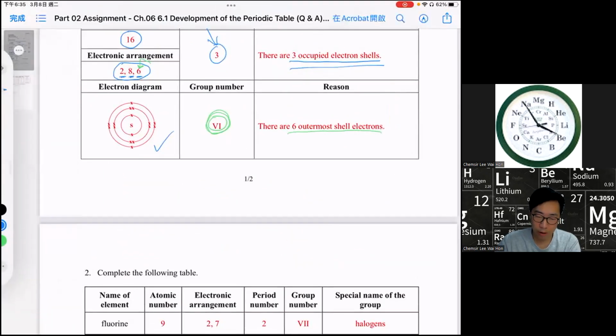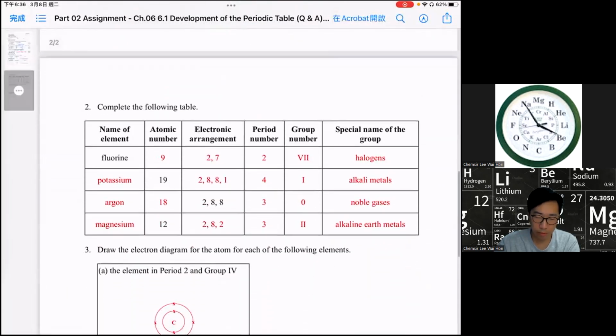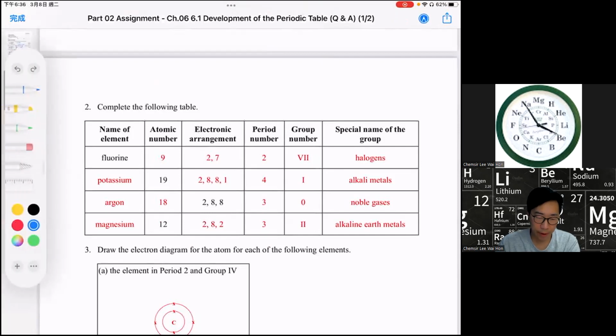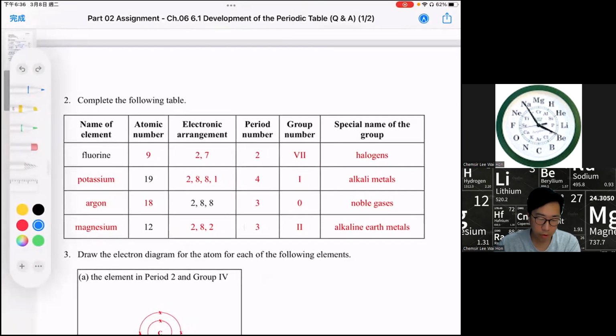In the next question, question number 2, the consideration will be somehow very similar. So I'm not going to go through it in detail, just to highlight the idea using, say, potassium, okay?